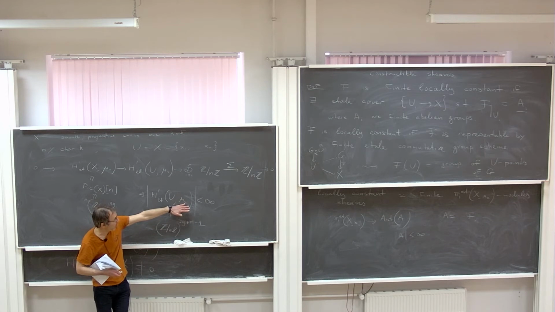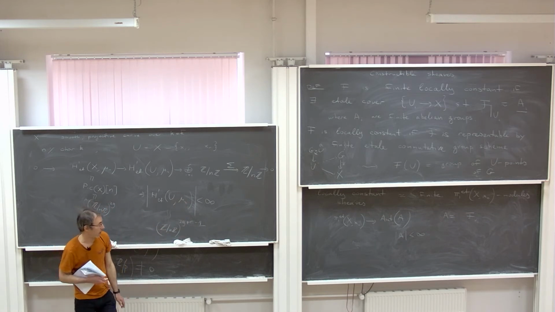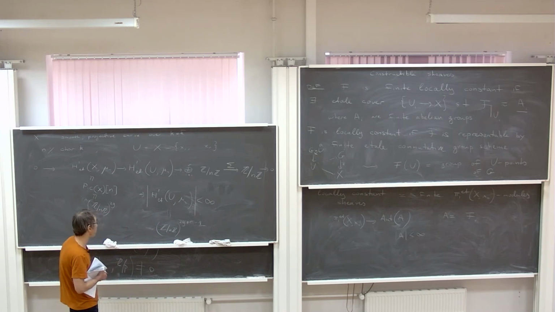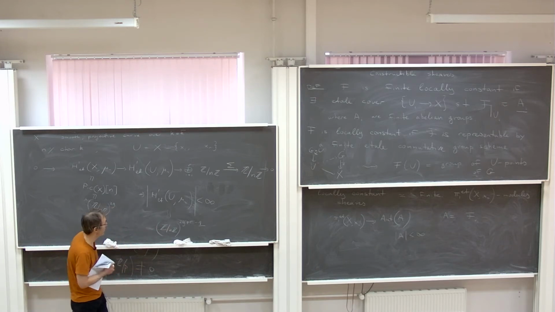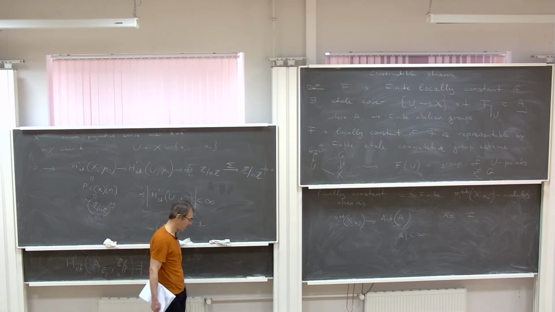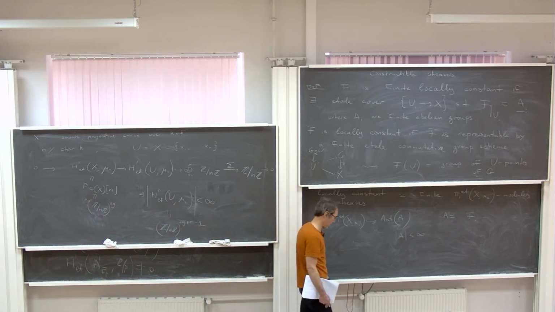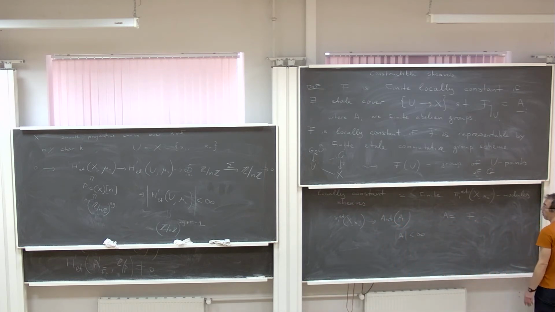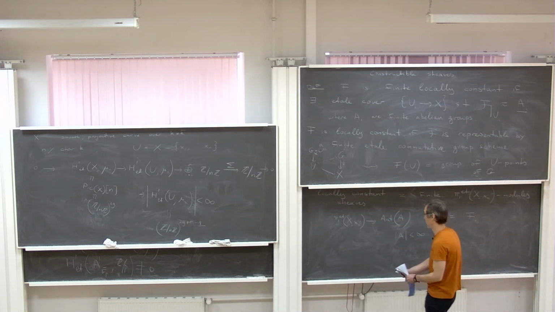So, for example, how to think of this μn in these terms? So say if I have a scheme over a field K, then I can think of μn as follows. I have the action of the Galois group of this field, right?